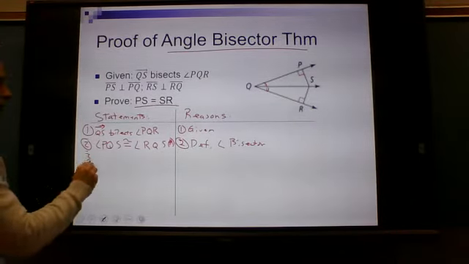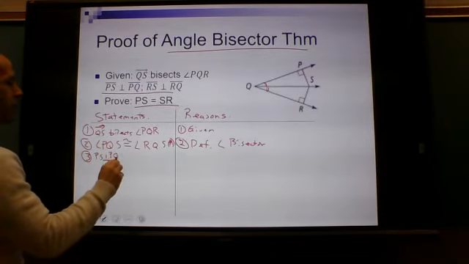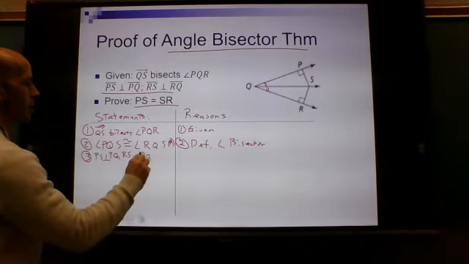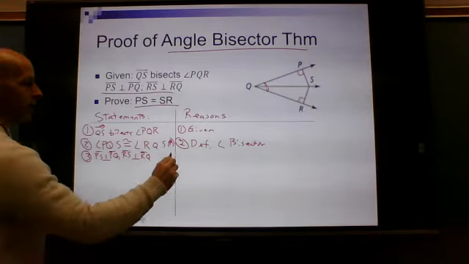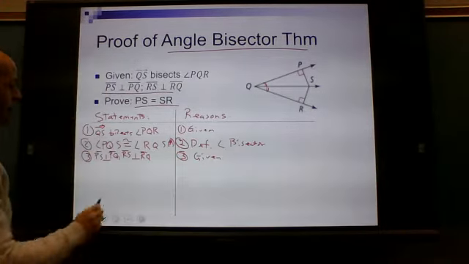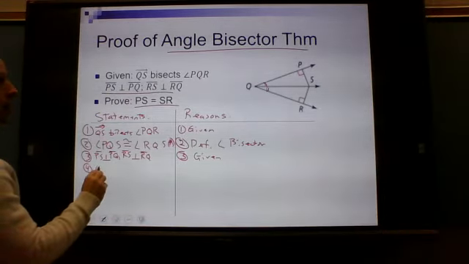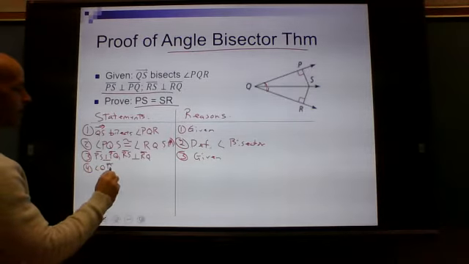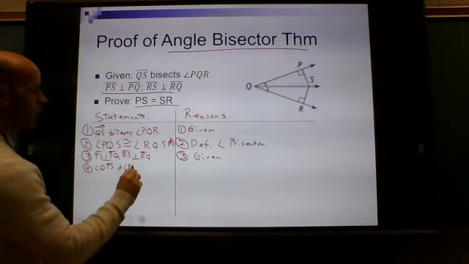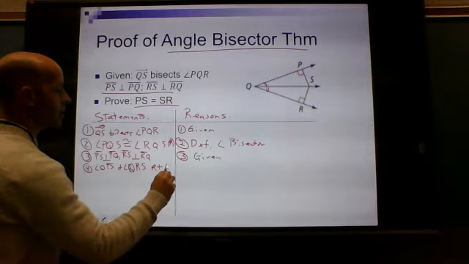Now we also know, based on the given, that PS is perpendicular to PQ and RS is perpendicular to RQ. We know all of these things are true because that's given. And by the way, if all of those are perpendicular, then step number 4, we know that angle QPS and angle QRS have to be right angles.